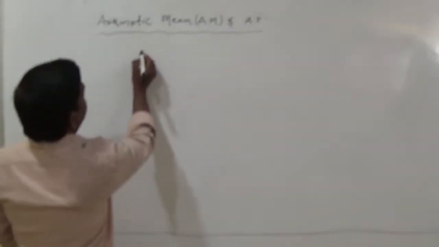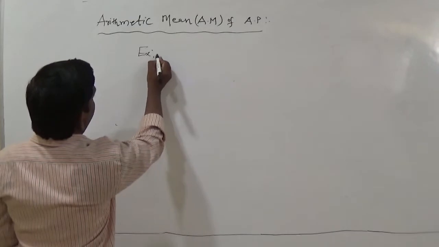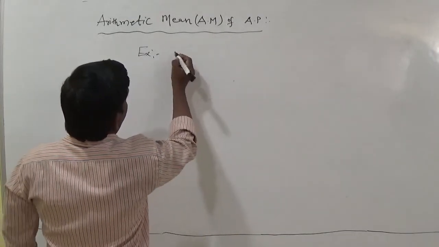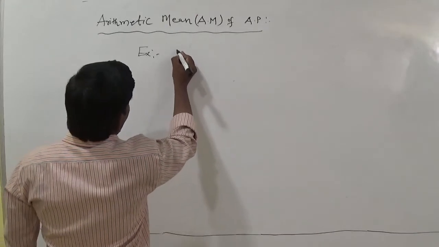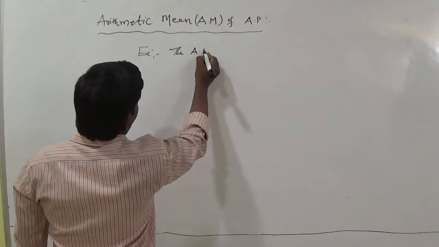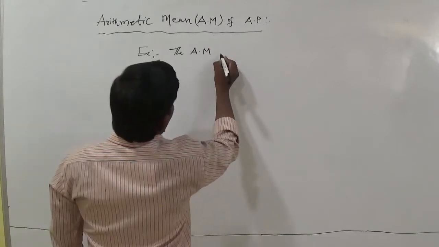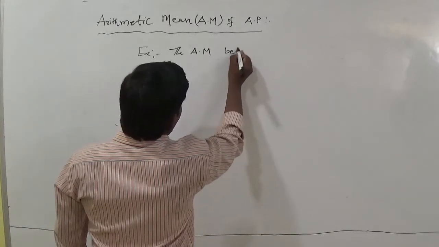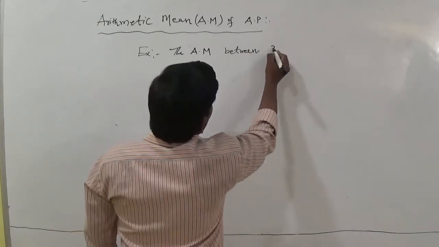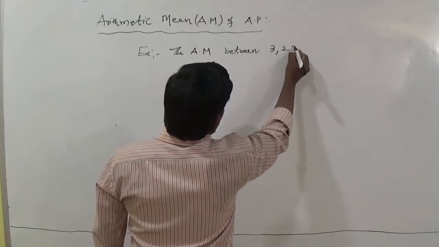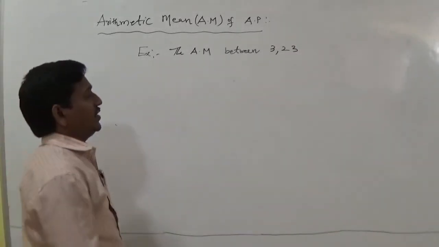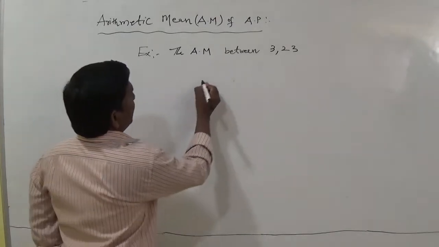For example, the AM between 3 and 23. Okay, how can you calculate?